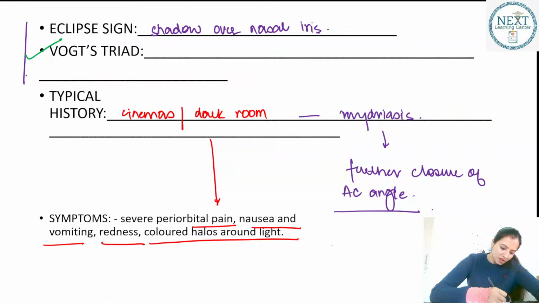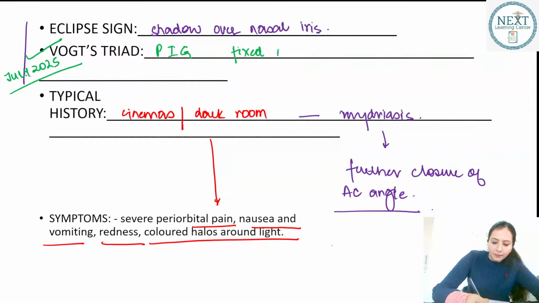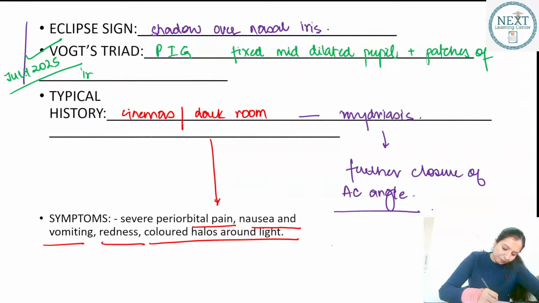Then there is Vogt's triad. This was a July 2025 question. It is characterized by PIG. P is fixed mid-dilated pupil, I is patches of iris atrophy, and G is glaukomflecken.